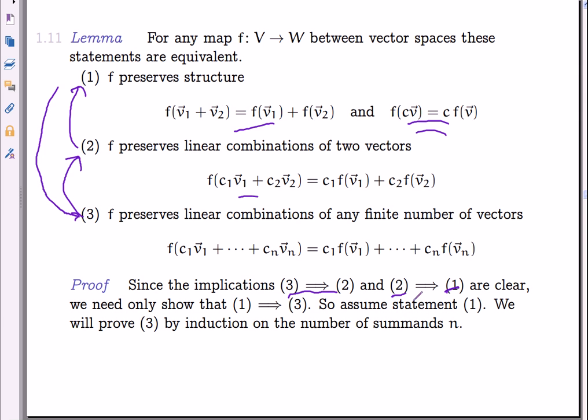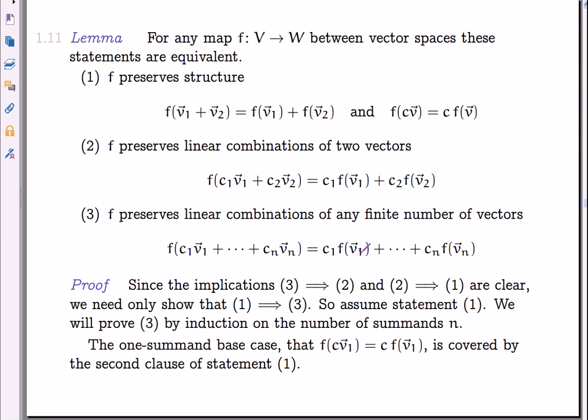Okay, so let's assume statement 1, and we'll prove 3 by induction on the number of summands, n. This is a statement for arbitrary n, which means that it should be true for n equals 1, n equals 2, n equals 3, and so on. Now let's go step by step and show that this statement is true for any n. Let's start with a base case. The base case should be n equals 1.